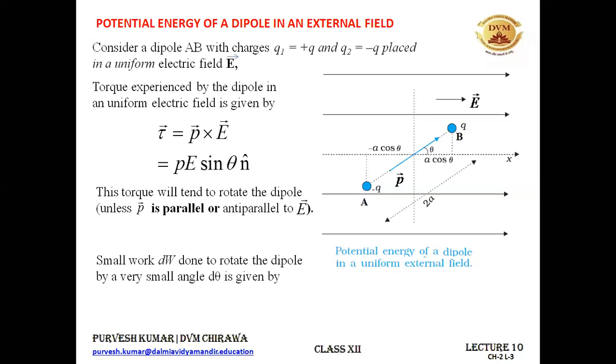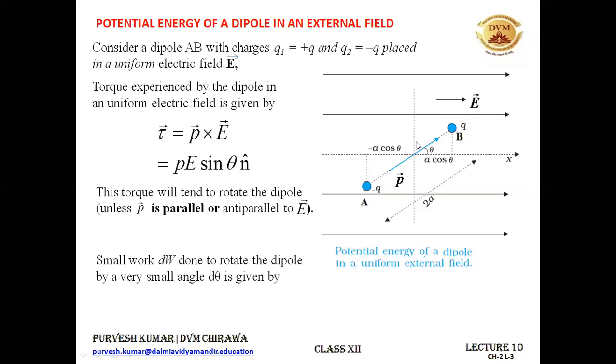See, when we calculate the work done when a force is applied, what do we do? We take the dot product of force with displacement. Similarly, the rotational analog of force is torque, and the rotational analog of displacement is d theta.